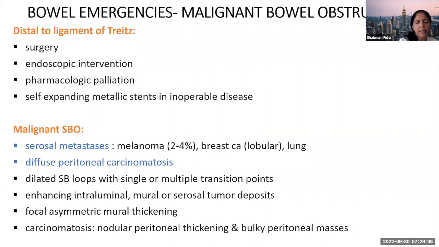What we see on CT, you usually see dilated small bowel loops with either single or multiple transition points, and then tumor within the small bowel can manifest as enhancing intraluminal, mural, or serosal tumor deposits. You can see asymmetric mural thickening involving bowel. Diffuse peritoneal carcinomatosis usually manifests with nodular peritoneal thickening and bulky peritoneal masses.